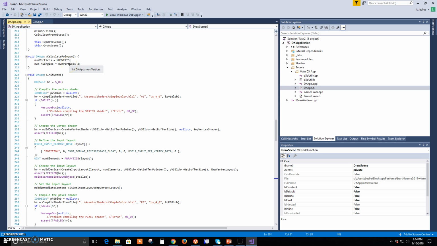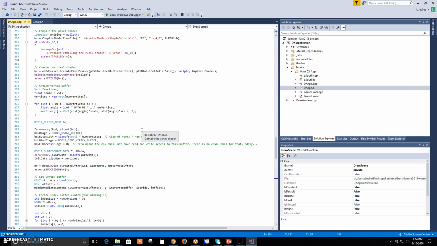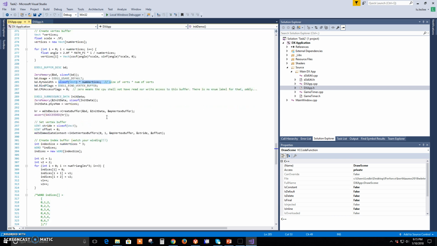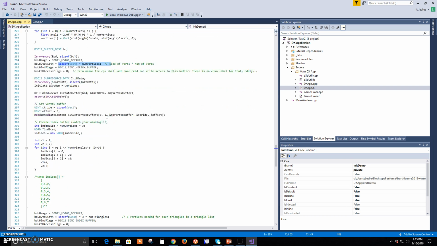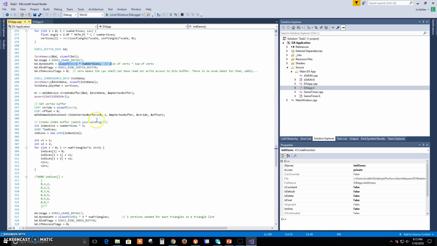Okay, so knowing how many triangles are in the polygon and how many vertices are in the polygon, we can enter those into the vertex buffer size. So this can be dynamic, or not dynamic, but it can be done programmatically.